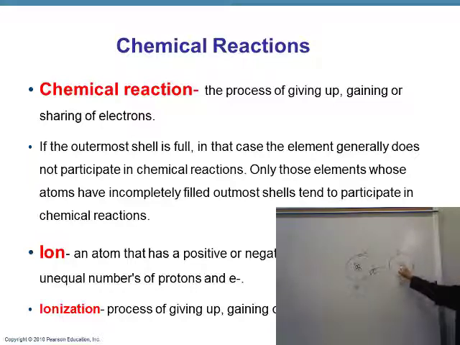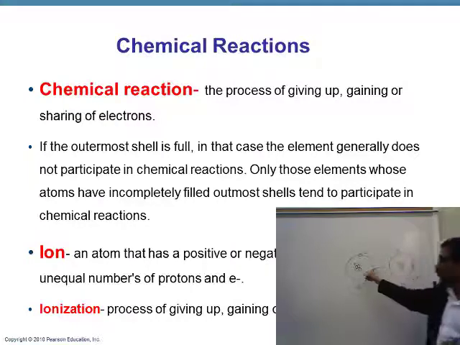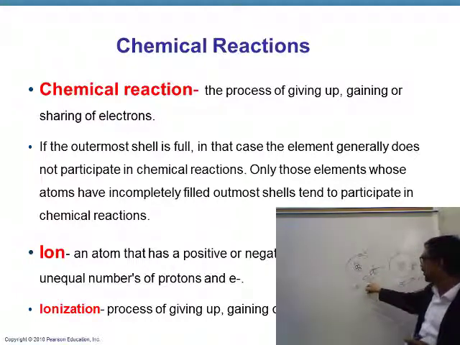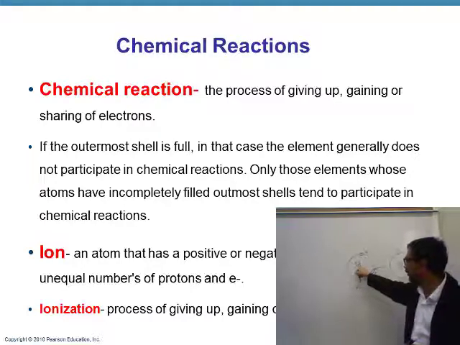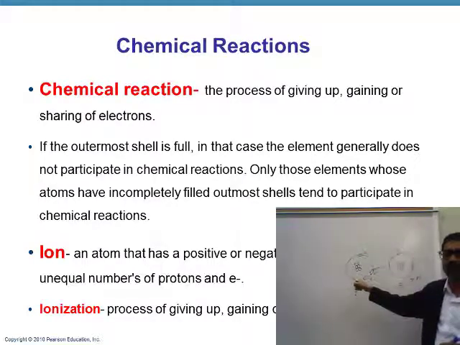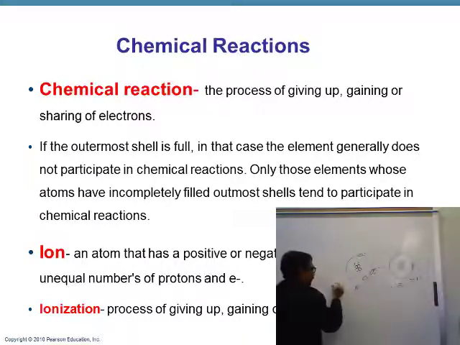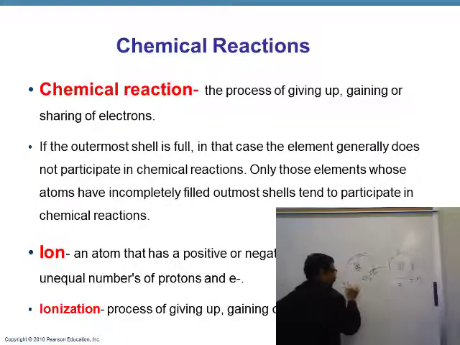Because it has 3 positive, 2 negative. So 1 positive more. Makes sense? And this one, you see, got what? 1 electron more. That means 1 negative more, right? It has 2 positive but 3 negative now. So this will become what? Negatively charged.